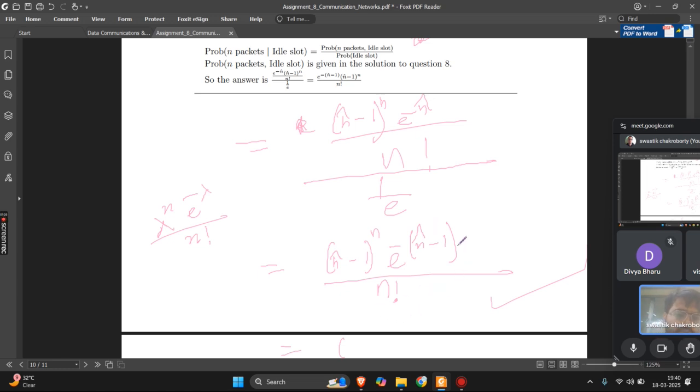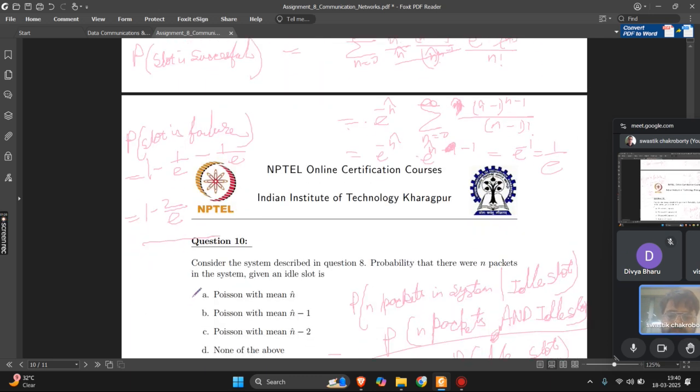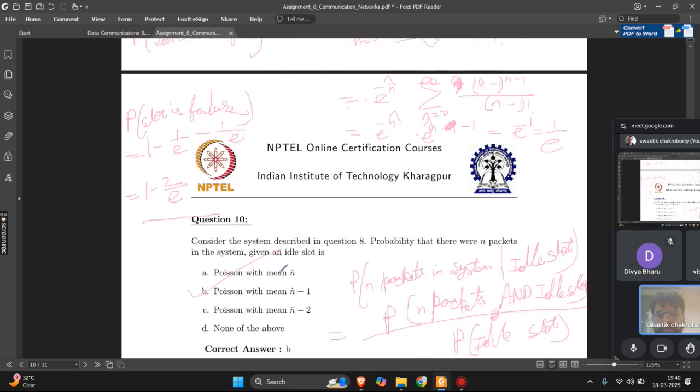You can compare: lambda is n hat minus 1, so it's Poisson with mean n hat minus 1. So our correct answer is option B.